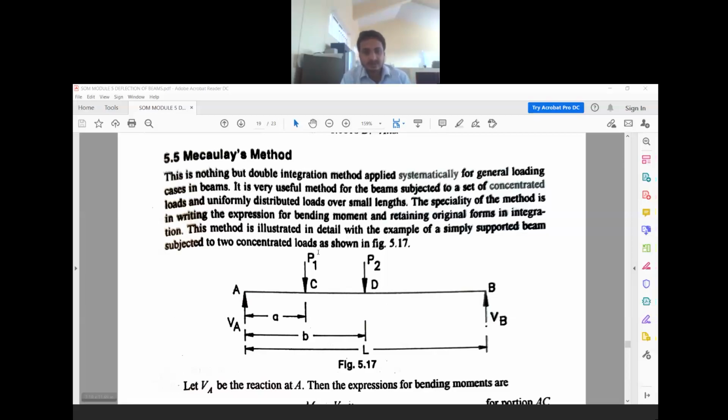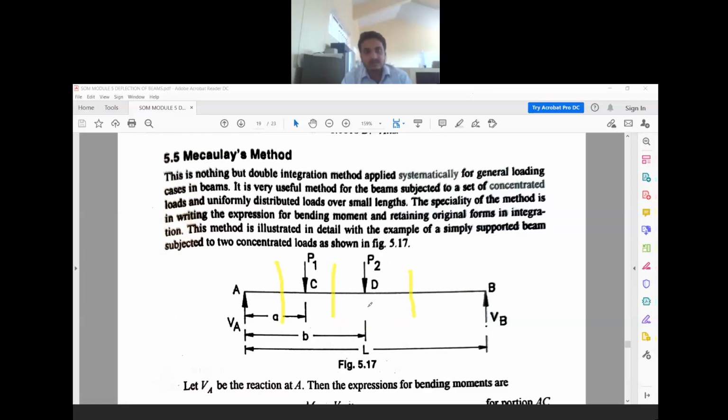So for example, in this diagram, you can observe that this is a simply supported beam and it is having 2 point loads. Okay, so the moment equation we can calculate is, in this region, one moment equation will come. For this region, one moment equation will come. For this region, that is D to B, one moment equation will come.